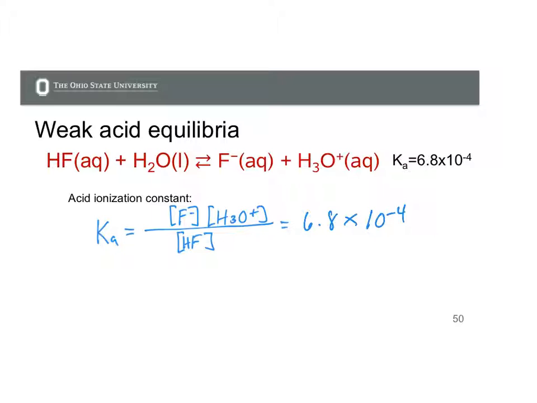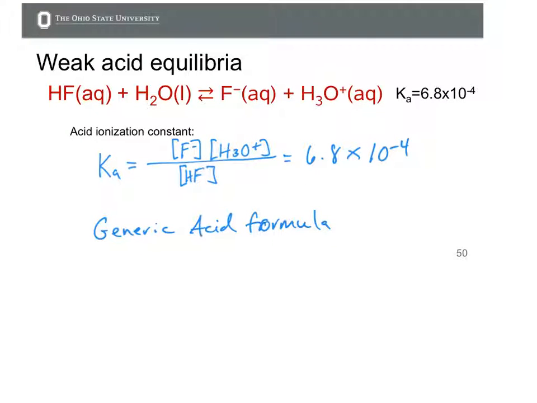The other thing that you might see come up, I think there might be one, maybe two homework problems, and I think we looked at an example in class last time, for just a very generic acid formula. Sometimes it's easier to assume that every monoprotic weak acid, no matter its actual structure, is simply HA.